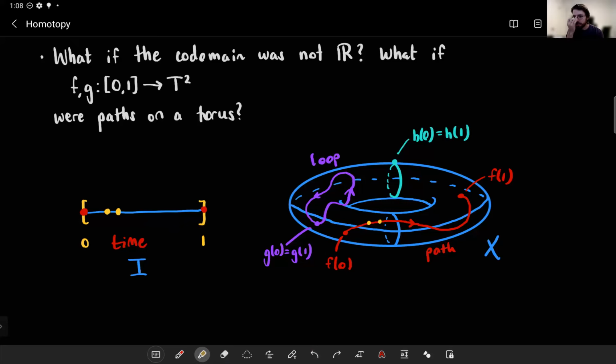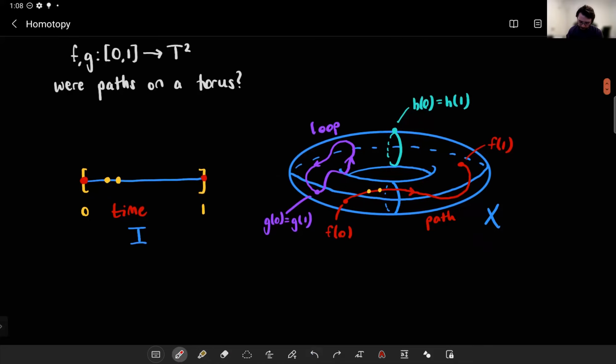And in actuality, usually we're going to require that for two paths to be deformable into one another, F and G have the same endpoints. I'm making the argument more generally here, and there are times when the more general case is useful, but it's generally much simpler if you're saying, okay, here's my path F, and all I want to know is, can I get from F to G?